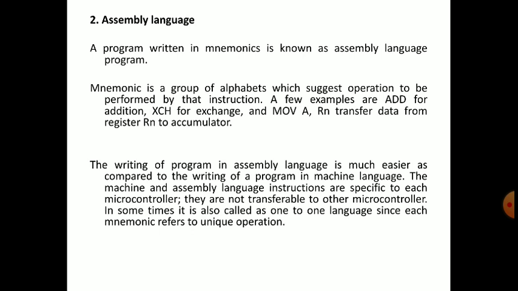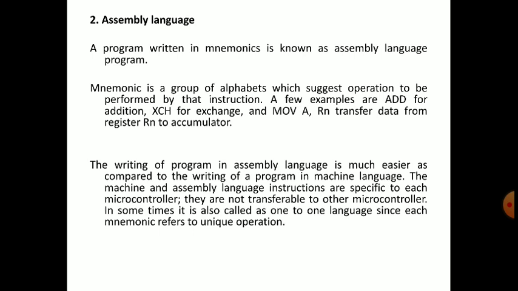In the instruction MOV A, Rn, we have written some space, a comma, and again some space and Rn. The spacing and commas have to be followed correctly, otherwise there will be syntax errors. Each instruction has an instruction format, a syntax, which we have to remember, practice and write in the same way.